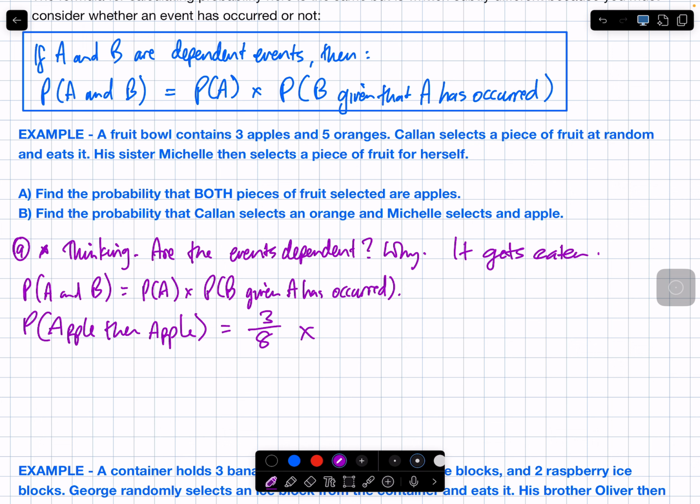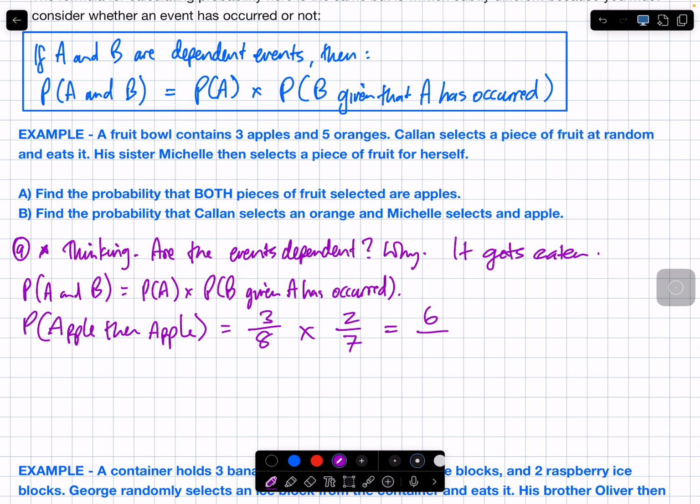But then Michelle, he's eaten an apple with the 3 over 8. How many pieces of fruit are there going to be after that? See how the sample space has changed? It's over 7. What's the chance of her getting an apple? 2, because one's been eaten. Multiply the tops, 6 over 7 times 8.